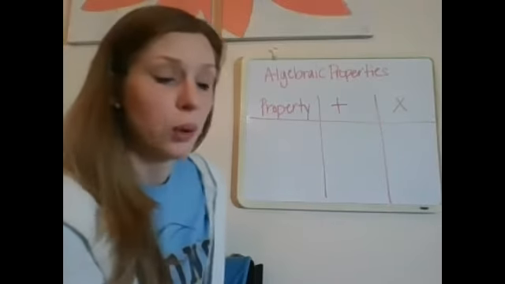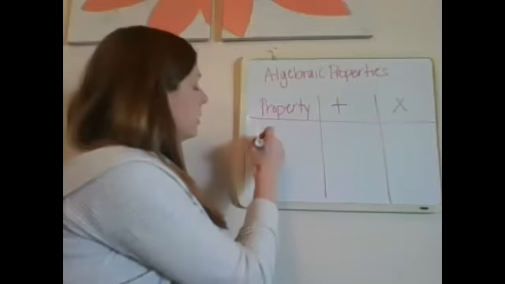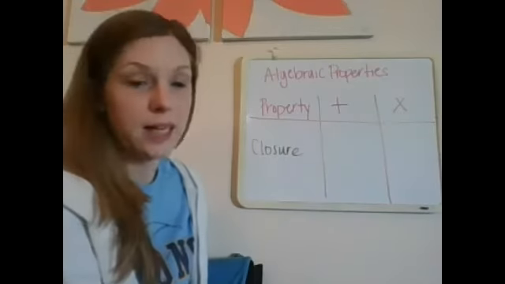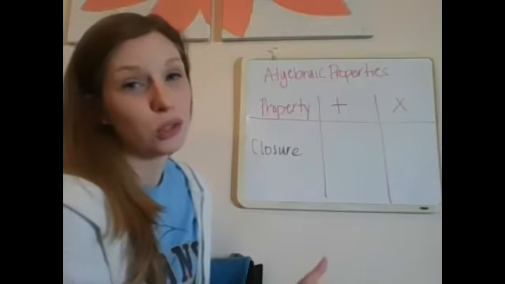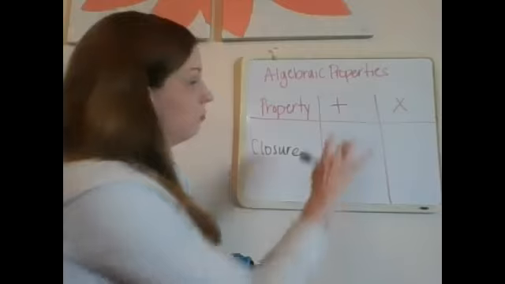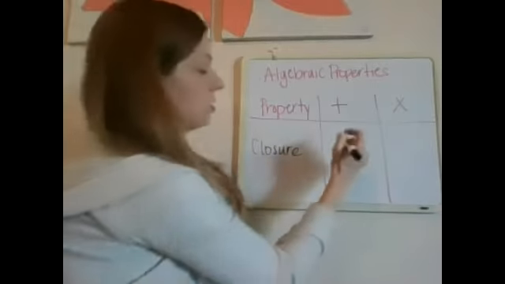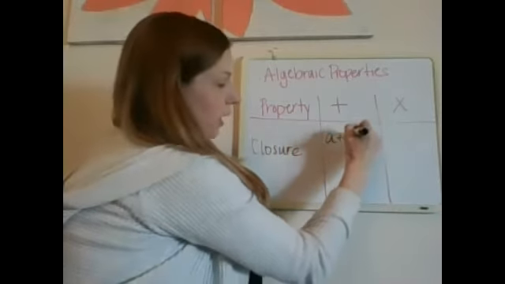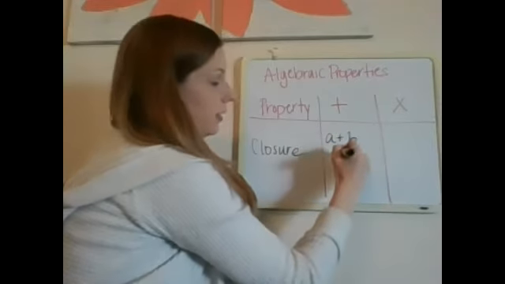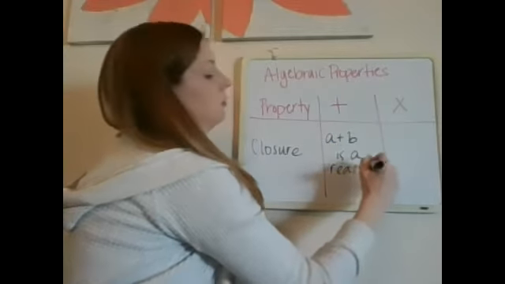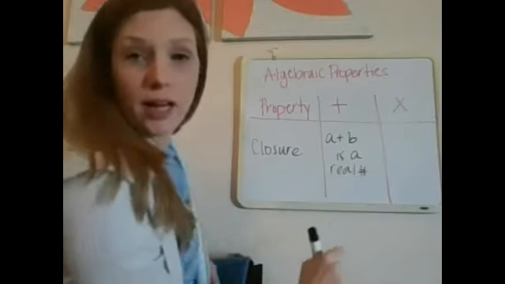All right, so our first property here is our closure property. And all it says is anything that you do for addition or multiplication with the real numbers, it'll stay a real number. So if you take two real numbers, A and B, and you add them together, it's a real number. I know you guys know that is the hashtag sign.